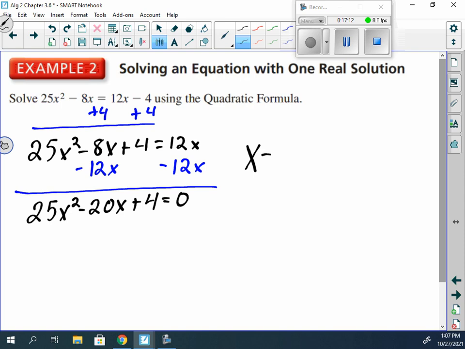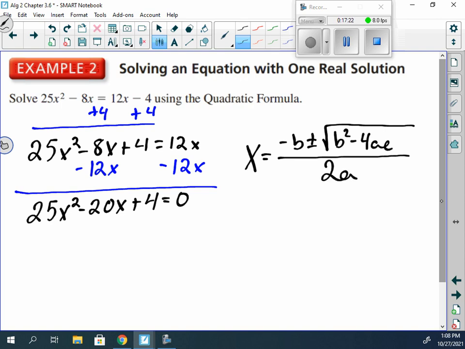Now again, the quadratic formula is x is equal to negative b plus or minus the square root of b squared minus 4ac all over 2a. Now when I solve these here, there's two steps that I kind of do all at once when plugging in.